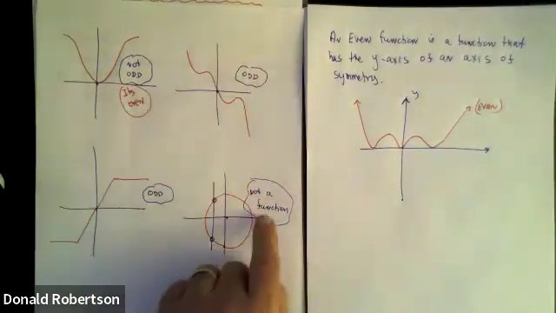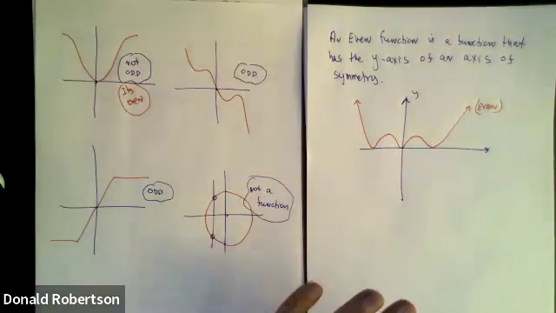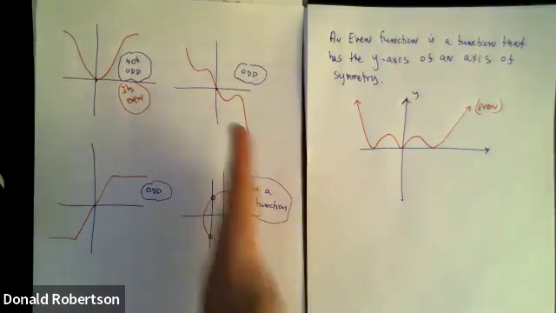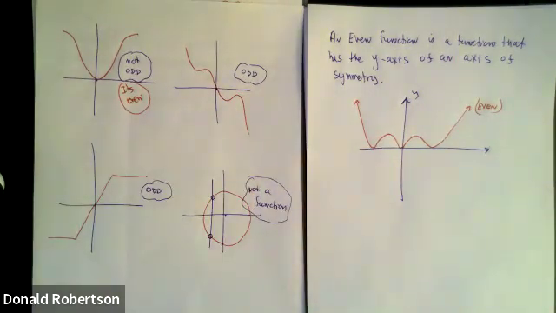These are two odds. This one is not a function, and it's not even either. Why is it not even? Because the y-axis is also an axis of symmetry in this shape, and actually a circle's got symmetry all over the place. It's not a function. That's why it can't be an even function.